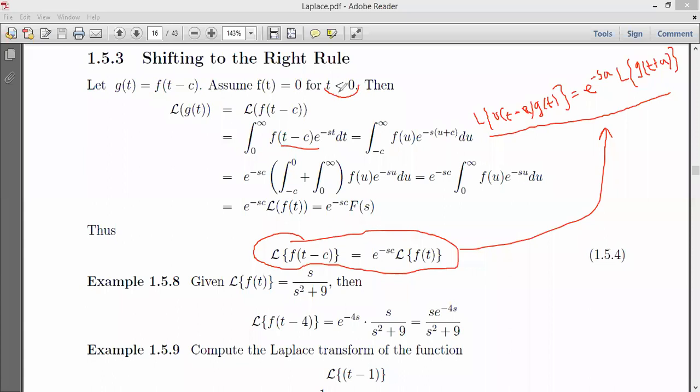So if it is t less than 0, and remember the parameter of interest is c, this would be equivalent to moving from minus c to infinity. And if you're moving from minus c to infinity, then this would be the same as moving from minus c to 0, and then from 0 to infinity.